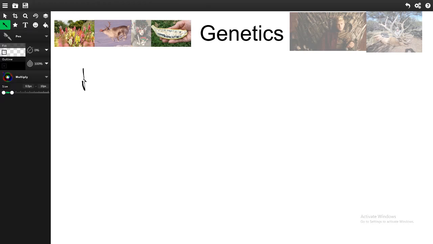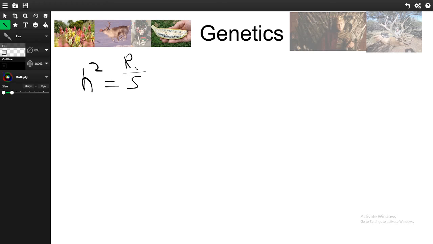Woohoo! So heritability, H squared. And for some reason, it's H squared. H squared just stands for heritability. But anyways, heritability equals R over S. And we just learned what those values are.